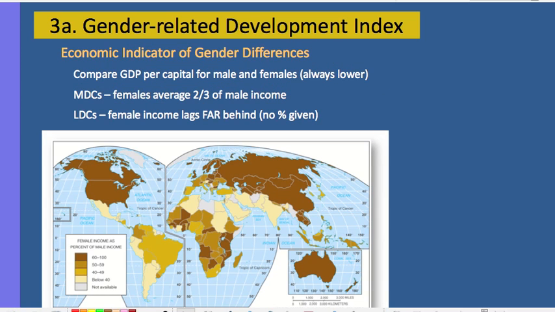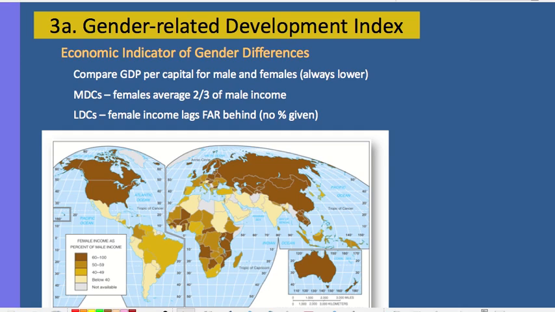Just like HDI, the Gender-Related Development Index uses the same indicators. So the economic indicator would be GDP per capita. Comparing all of society with females, females always have a lower income doing the same type of work. Females on average in MDCs get 2/3 of a male income, and in LDCs the income for females lags far behind.